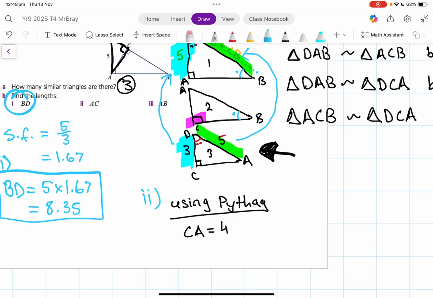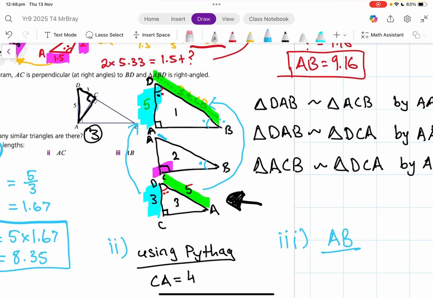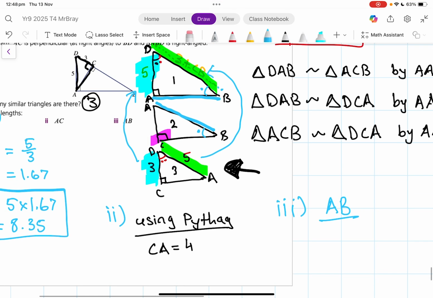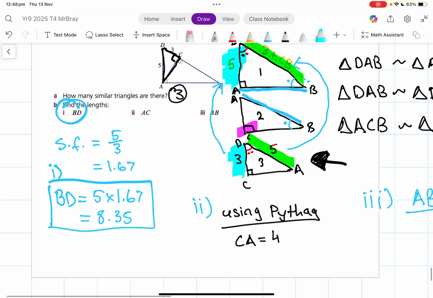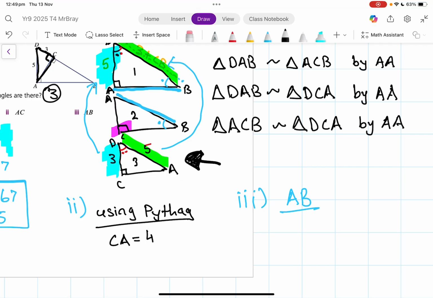Now for part 3, we have to find the length of AB, which is this length here. And I already know that my scale factor from the small triangle to the big triangle is 5/3, right? If we've found that CA, and you can see this is C to A here, we know that CA is 4.